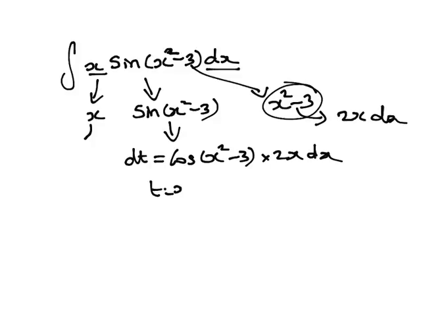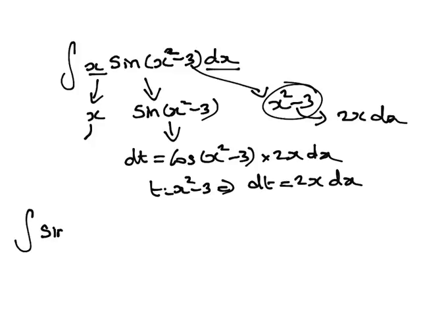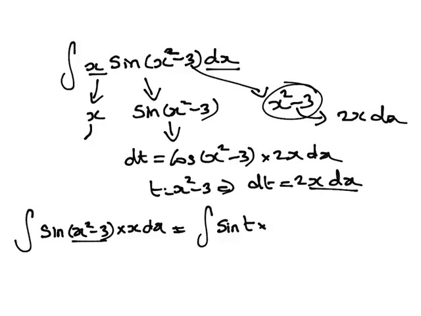So t equal to x squared minus 3 implies dt equal to 2x dx. Fine. So I can rewrite this integral as sine of x squared minus 3 into x dx. So I can substitute now. This will become sine t, multiplied with x dx, and x dx is nothing but half dt.